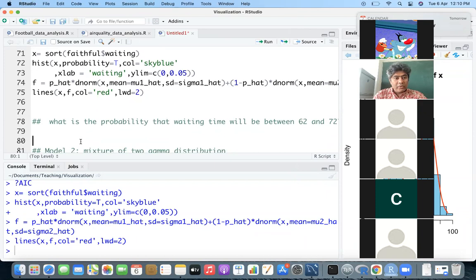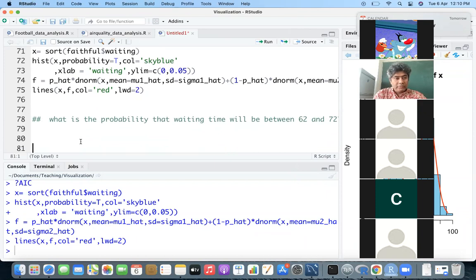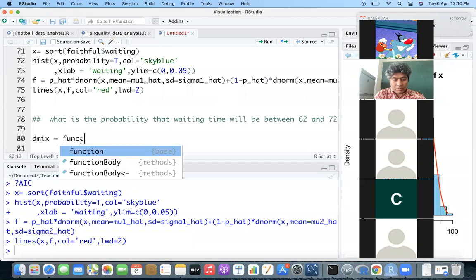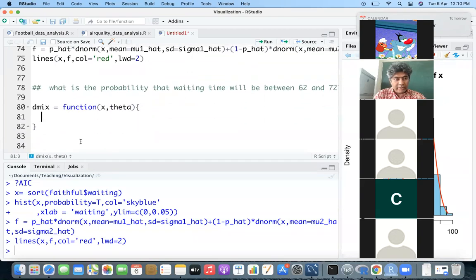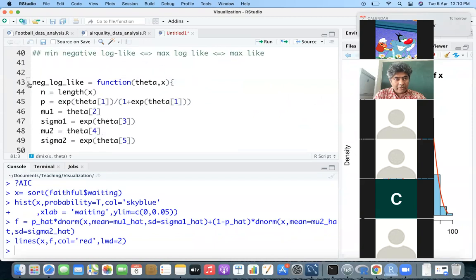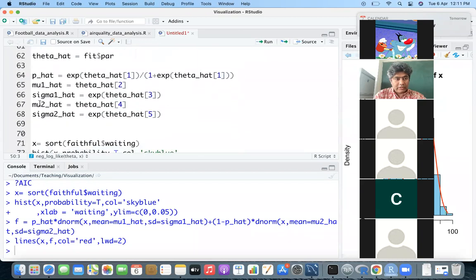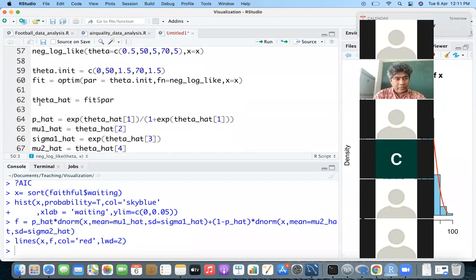So what I can do is write a function, the PDF of dmix, with x comma theta.